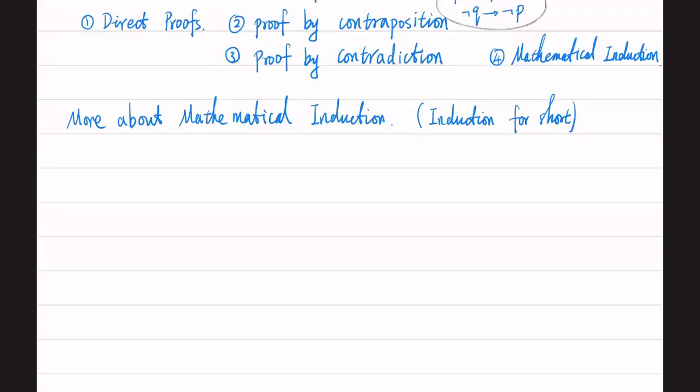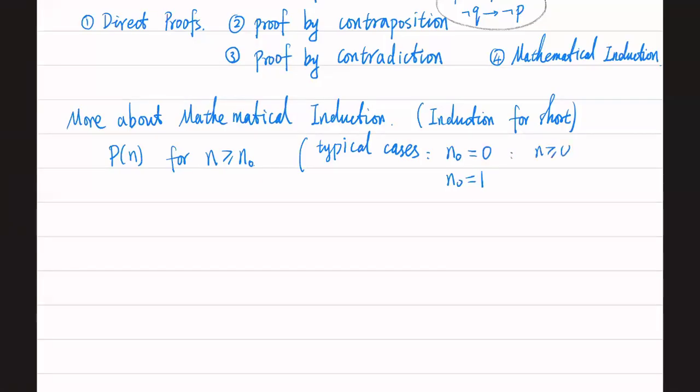So it's about propositions. Typically, we start at 0 or 1. And in our homework, we had a special case, bigger than 7.